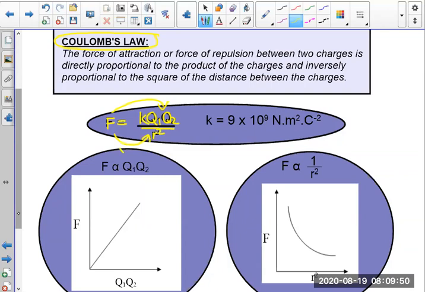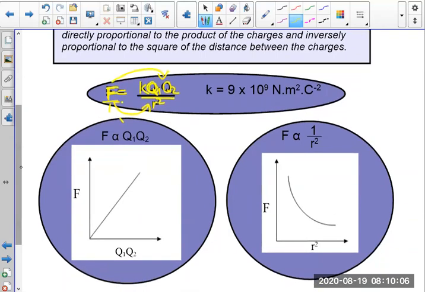Now, by now, you should know that if I put this F over 1, it means that the force that these two charges have is directly proportional to the product of the charges. If we talk about directly proportional, then we're going to look at a graph that looks like this.